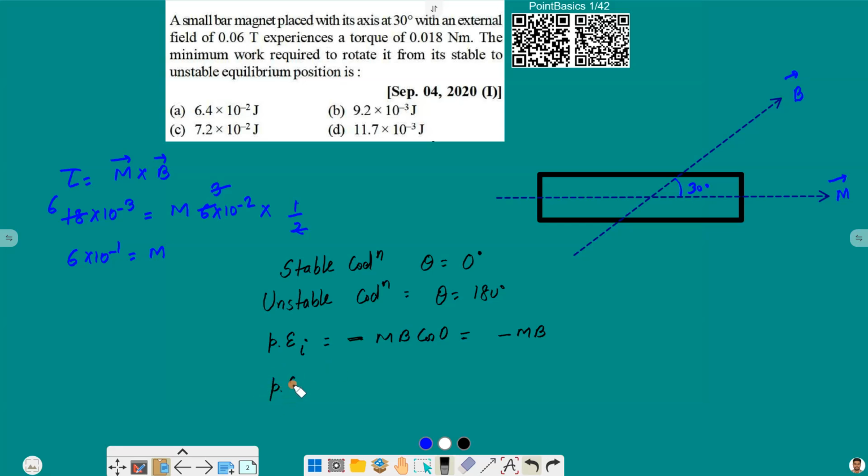And the final, for the unstable condition, it will be minus MB cos of 180 degrees, so it will be plus MB. Now we have to find out the work done.